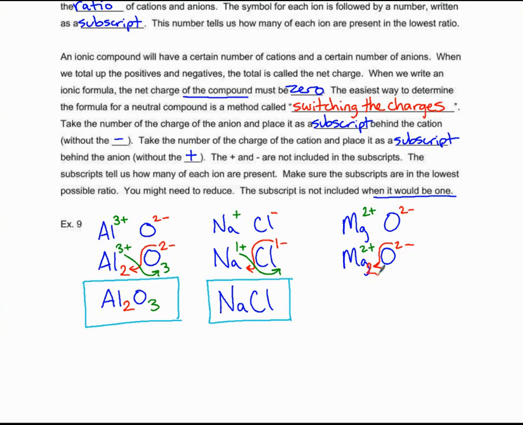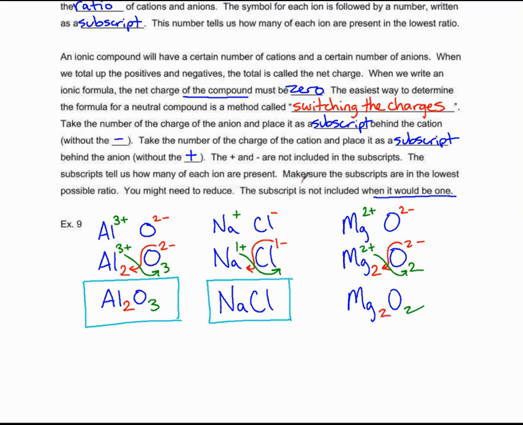So Mg2. Try to spread this out a little bit. And you take the number of the charge of the cation and place it as a subscript behind the anion. And so what you come up with is Mg2O2.